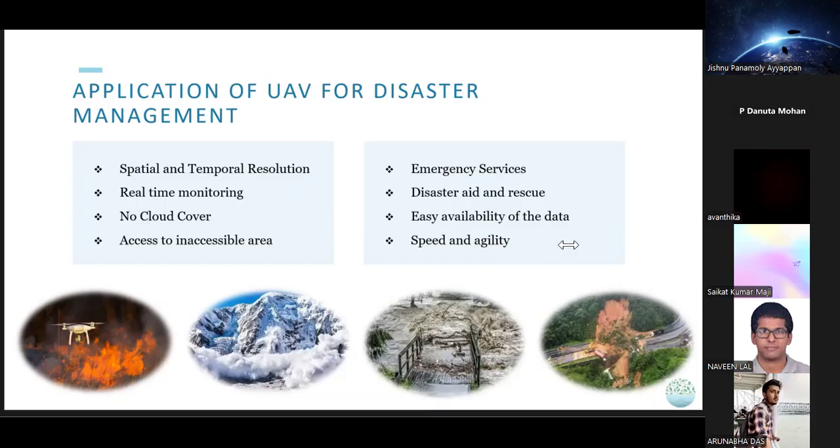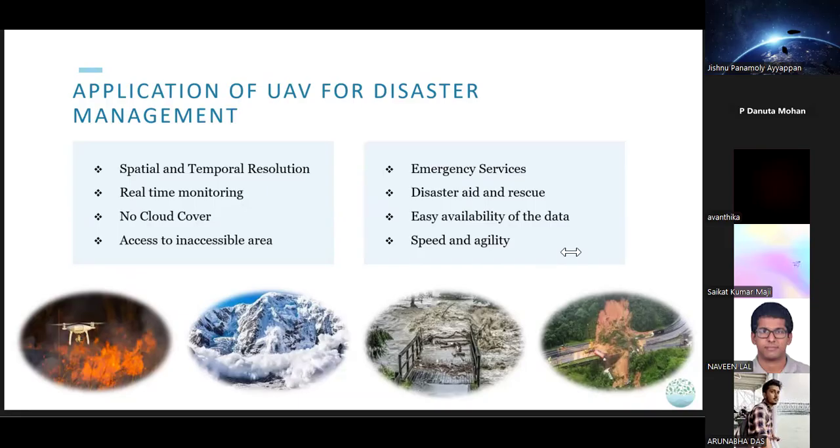All these are the main applications and advantages of using drones for disaster management. In disaster management, the most essential thing is timing. We have to take quick mitigation measures to control the situation.